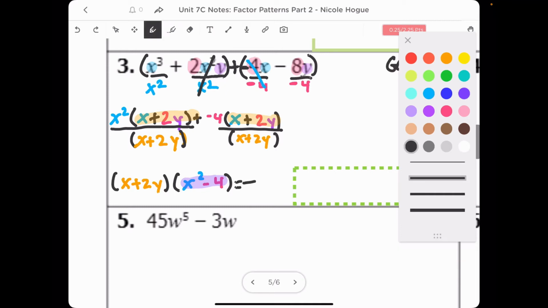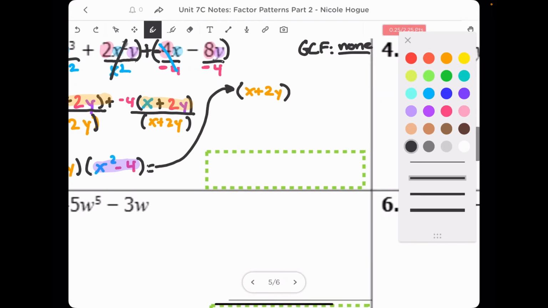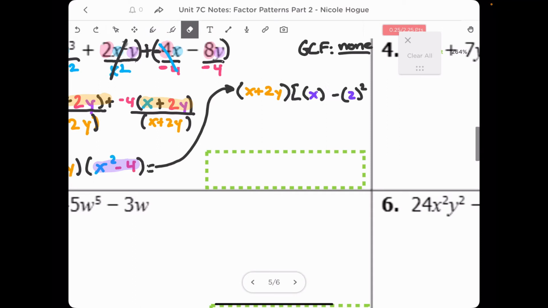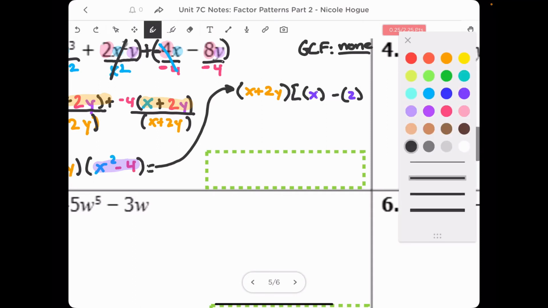So bring this over here. I know that we have our x plus 2y, and I can rewrite x squared minus 4 as x raised to the second minus, and the square root of 4 is 2, so 2 raised to the second. These are supposed to be pink and blue.